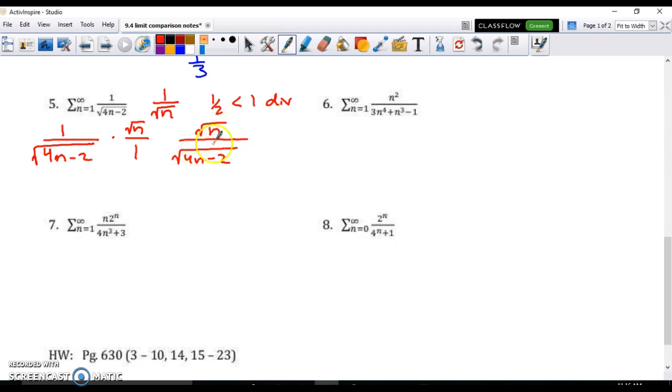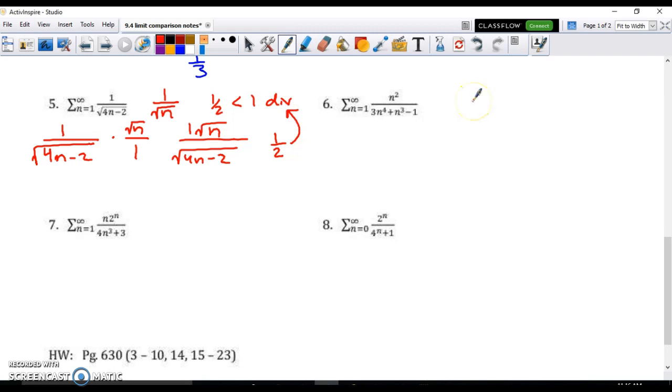They're the same kind of power. I want to look at the number that's actually in front of there. The number in front of this is a 1. Think about this for a second. What do you think that would be? Hopefully you're thinking 2, because the square root of 4 is 2, so this is approaching 1/2, which means it diverges, because that was my initial thought about this problem.